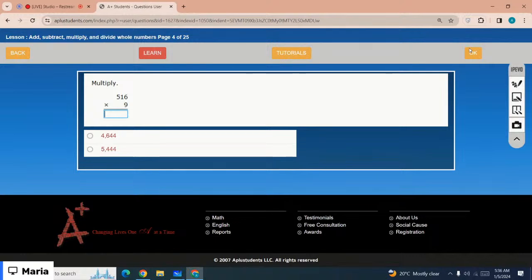Which is the correct option? That is option number 1, right? When you multiply them, the correct option is option number 1. Very good.